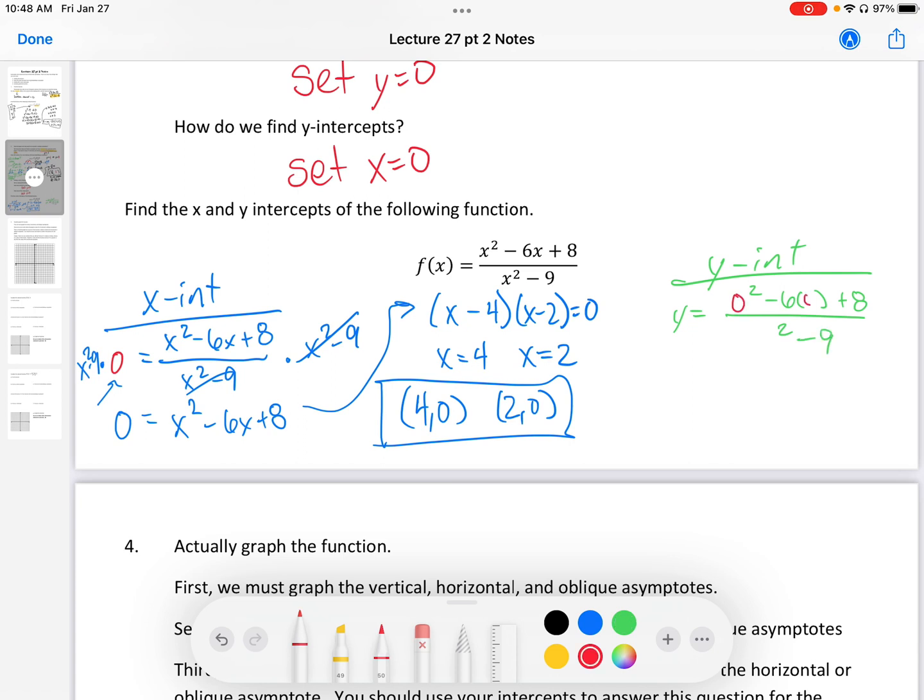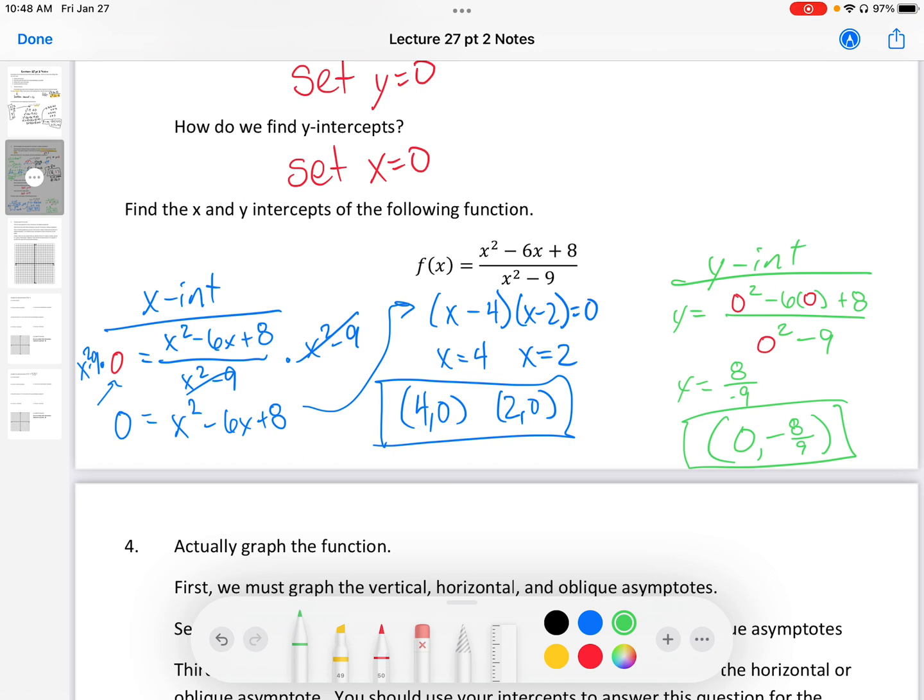All those x's now have zeros plugged in for them. Essentially, everything cancels, and I am left with an 8 over a negative 9. So I find that my y-intercept is (0, negative 8/9). Okay, and that is your y-intercept.